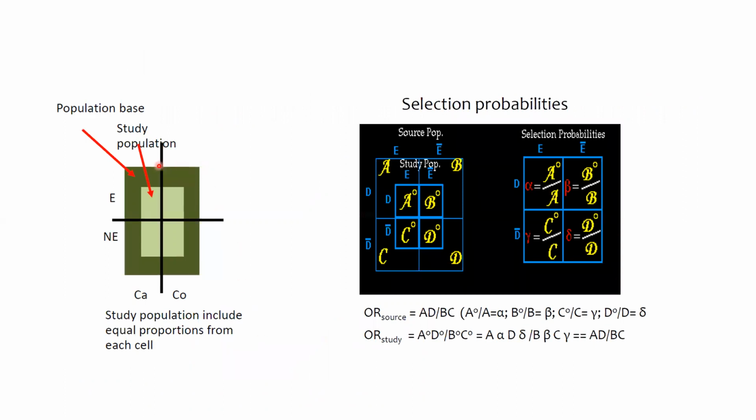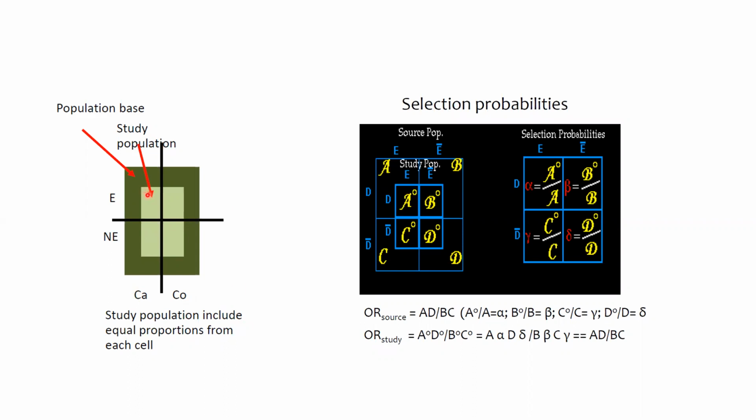In this illustration, the green square is the population base, or the target population, the general population. The light green is my study sample. We have the exposed and the non-exposed, and the case and control, or disease and non-disease. I want the selection probability for each of these cells to be equal, because I want the study population to include an equal proportion from each cell.